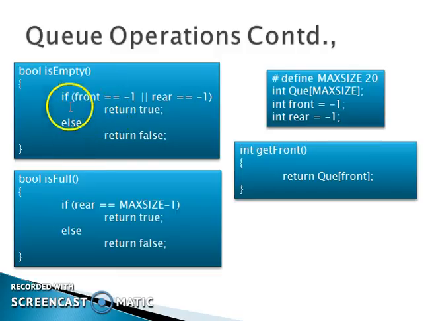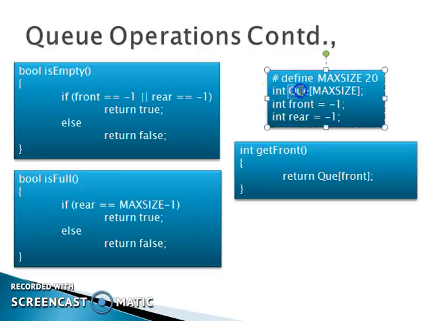So let us look at the array implementation of queue operations. So starting with the declaration of global variables, max size defines the maximum size of queue. Since the queue is to be implemented by using array, we have to specify the maximum size for a queue.